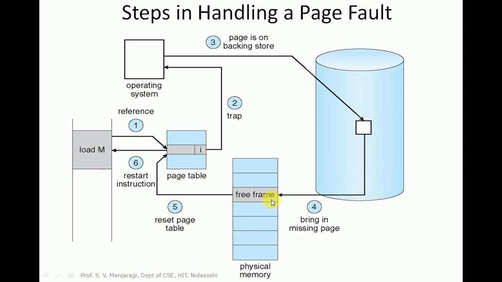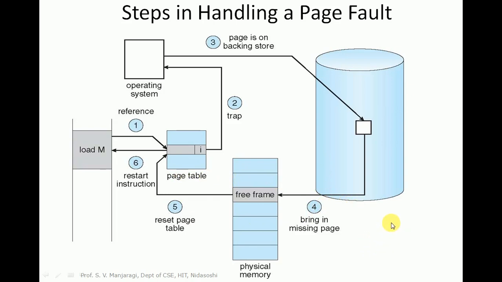Then it is mapped onto a free frame in the physical memory, and after that we have to update the page table. So whenever the referenced page is not there in the memory, a page fault occurs, because that page is in the backing storage or disk. We bring that page into the physical memory and update the table. This is called a page fault.